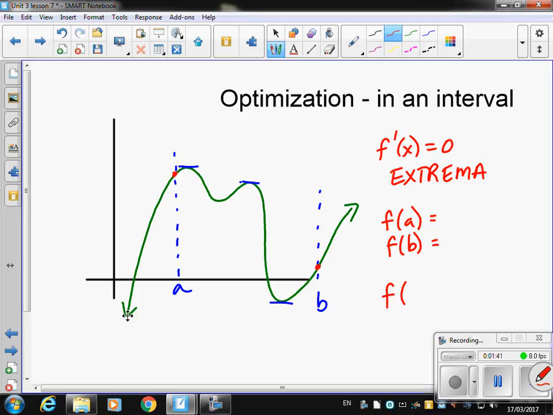So let's say we had values x equals x1, x equals x2 as possible extrema. I would look at my function at those two places as well and make a decision as to which was the maximum value, which was the minimum value. Everyone did very well on that question, so let's put it to real life.